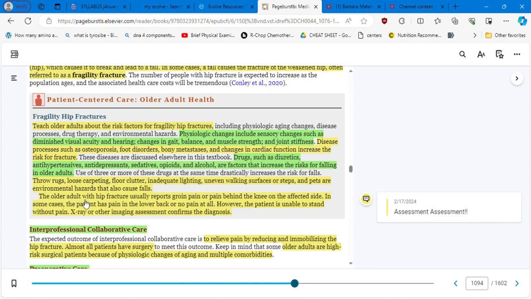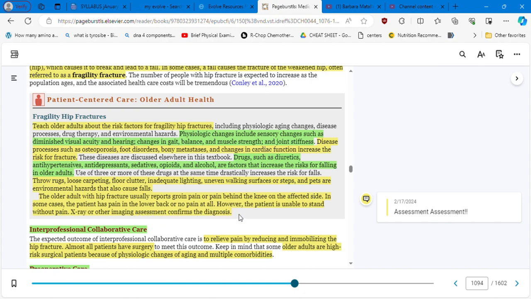The older adult with hip fracture usually reports groin pain or pain behind the knee on the affected side. In some cases, the patient has pain in the lower back or no pain at all. However, the patient is unable to stand without pain. X-ray or other imaging assessment confirms the diagnosis.